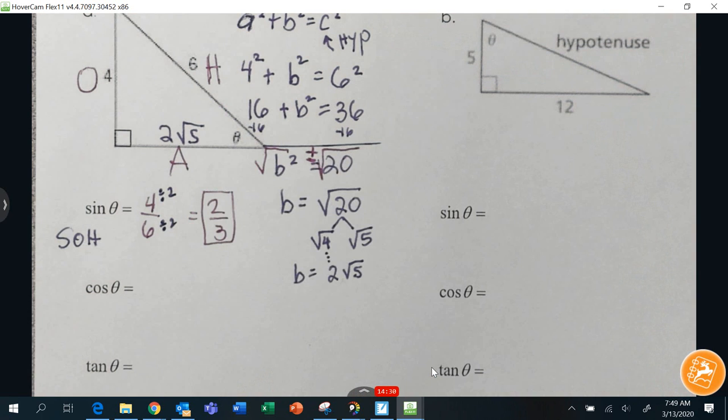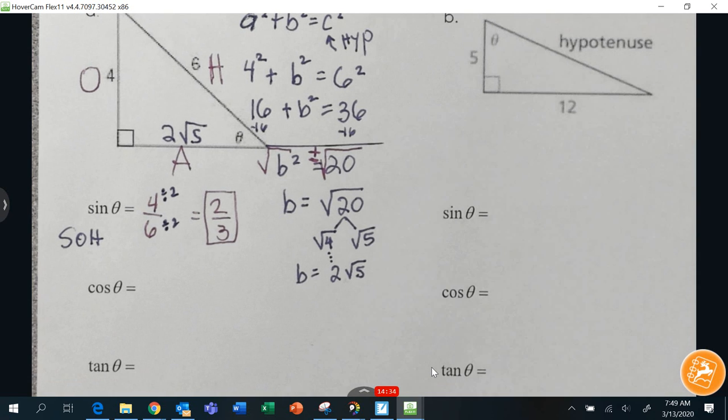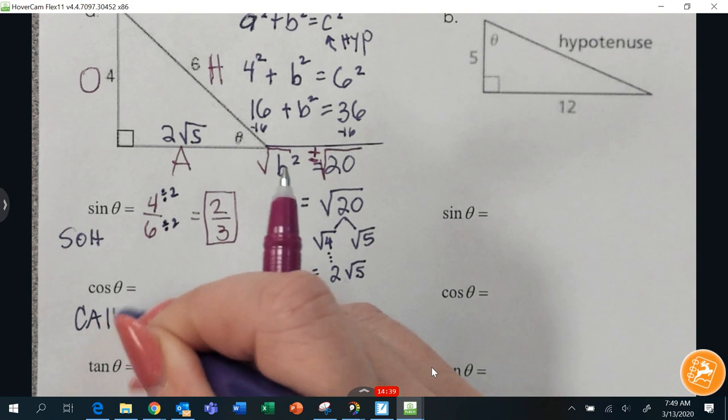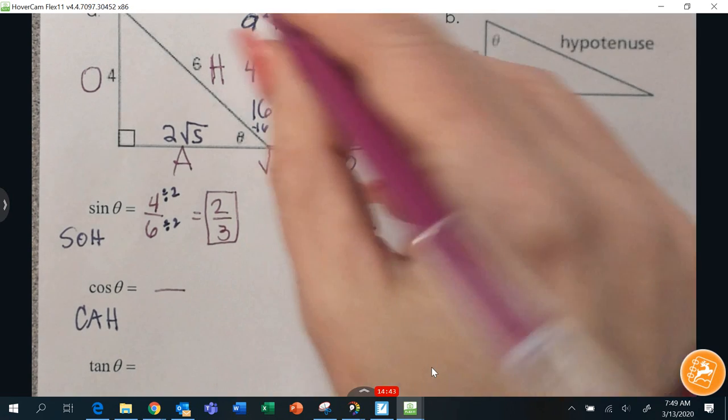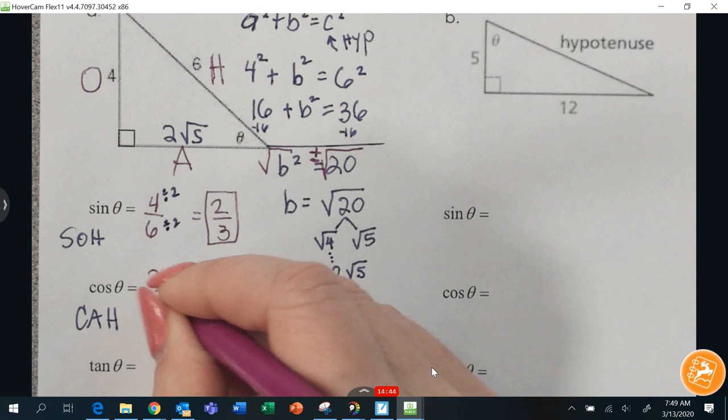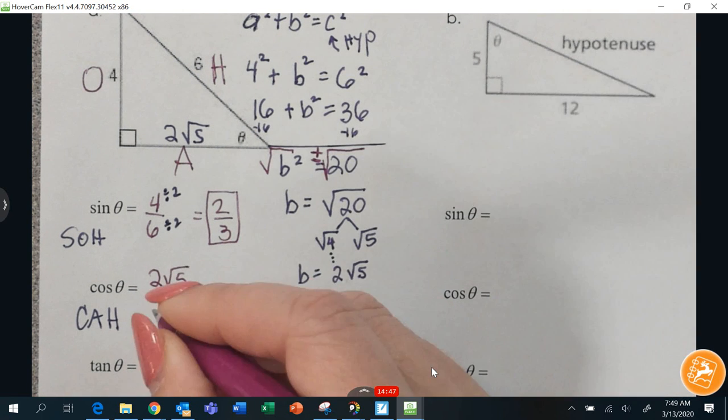The ratio of the opposite side to the hypotenuse is 2 to 3. Cosine is CAH, C-A-H. So we do the adjacent. Adjacent is 2 square root 5 over the hypotenuse, 6.